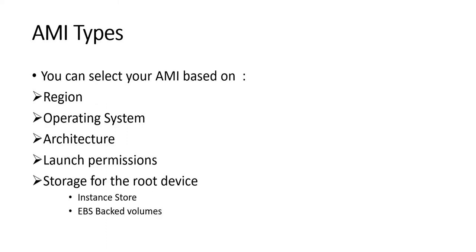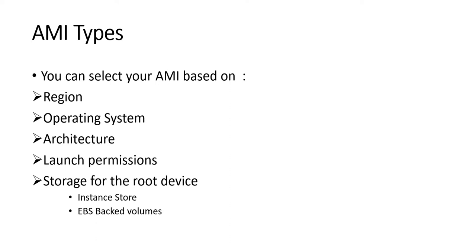So let's go ahead. Today we will be learning about the Amazon Machine Image types. One of them is EBS backed, and the other one is instance store. You can select your AMI based on regions. You can see the regions and availability zones over there.